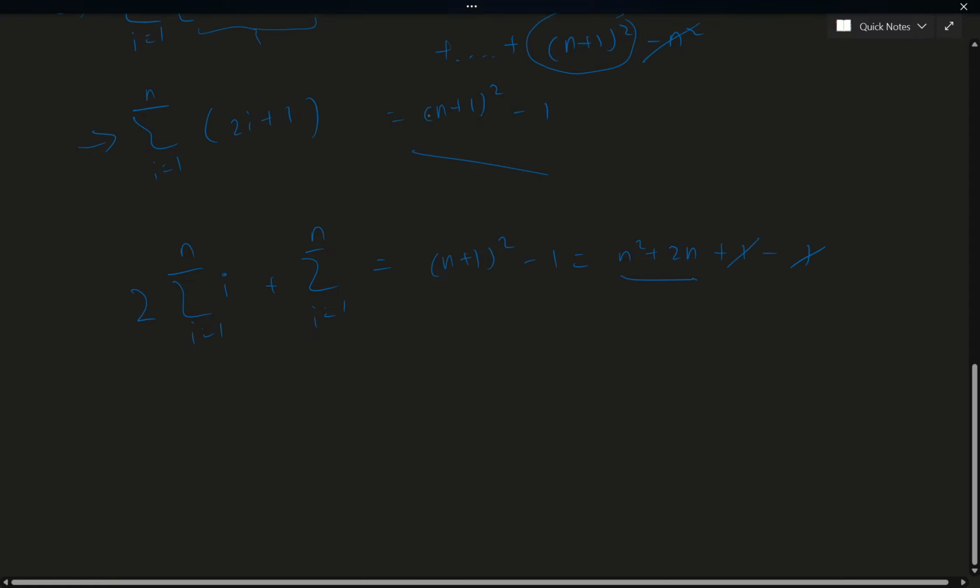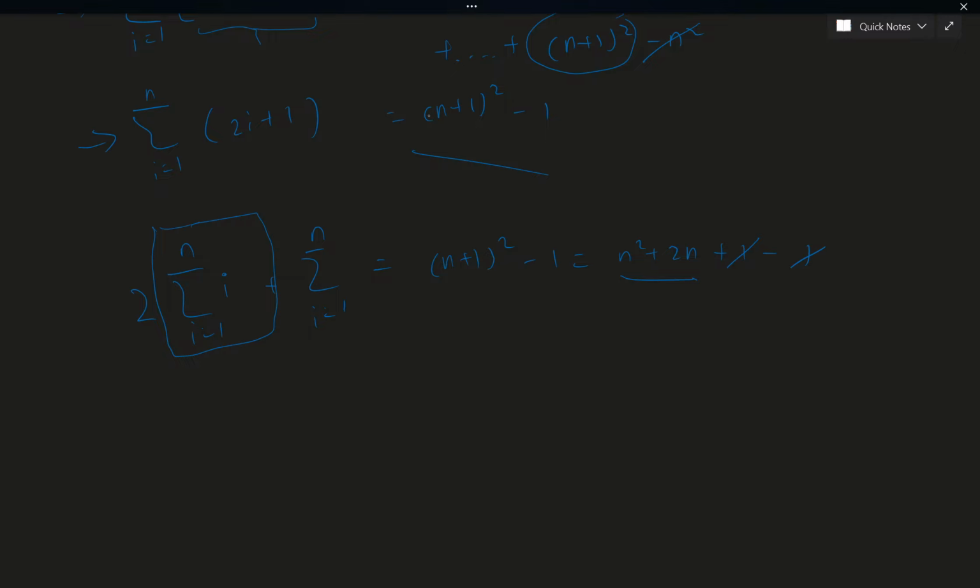For this, our key objective is to find the summation of i from 1 to n. This second term is equivalent to n times 1, so I'm going to bring this to the right hand side of the equation.